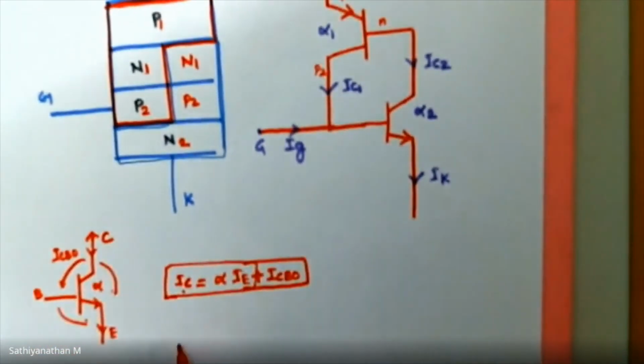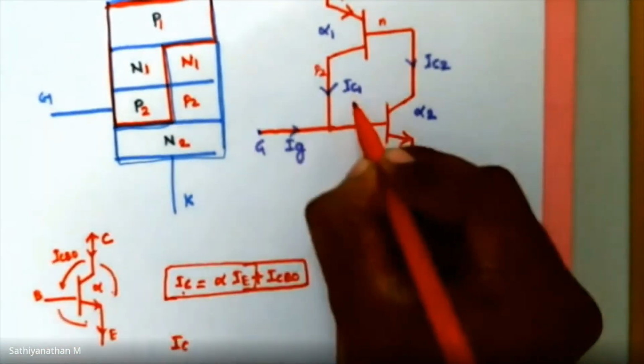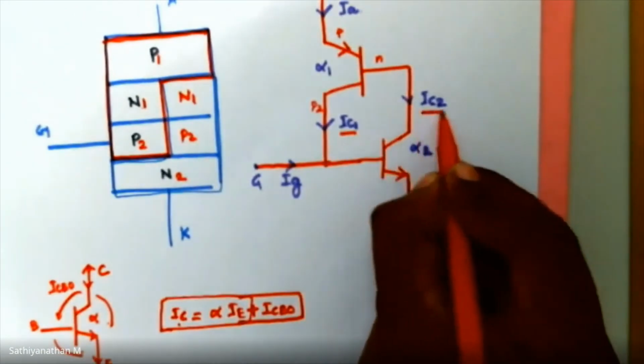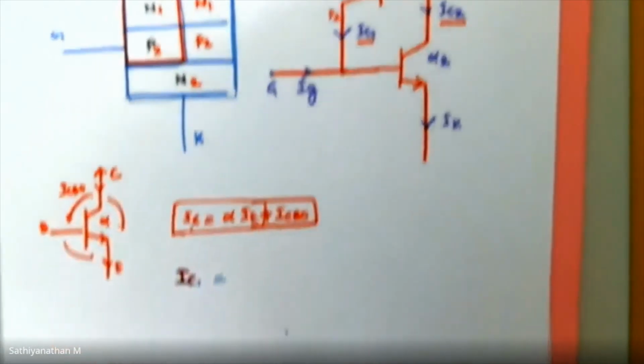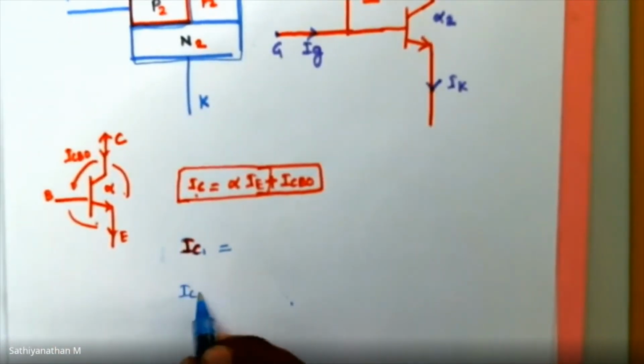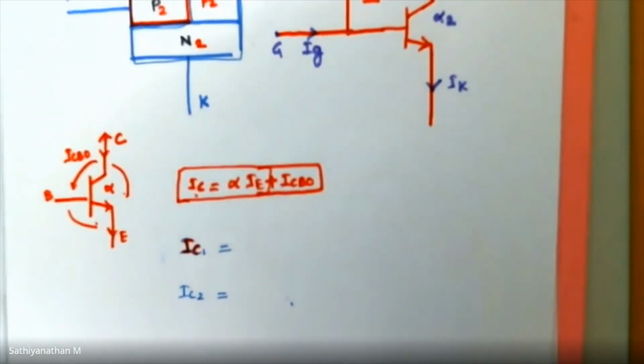So you have two different currents, IC1 and IC2. For IC1 you have to write an equation, and for IC2 we have to write an equation.